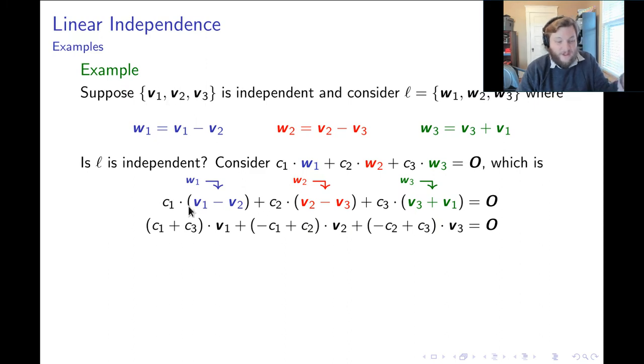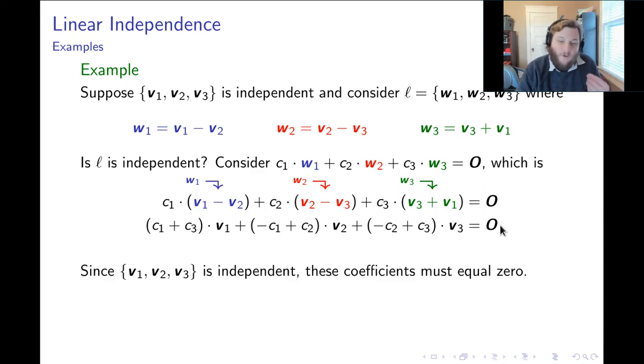The original list was v1, v2, and v3. And the scalars now being used in our linear combination are c1 plus c3, negative c1 plus c2, and negative c2 plus c3. And this linear combination of the original list is now equal to 0.